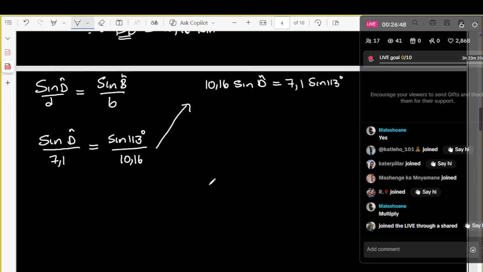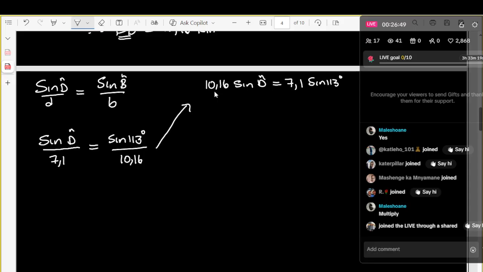I can divide both sides by 10.16, therefore the sine of angle D is equal to 7.1 sine 113 degrees, everything divided by 10.16. Guys, I need you to ask questions, okay?